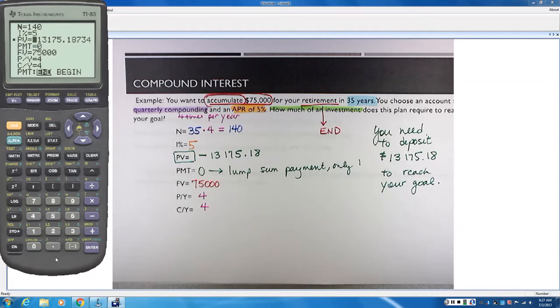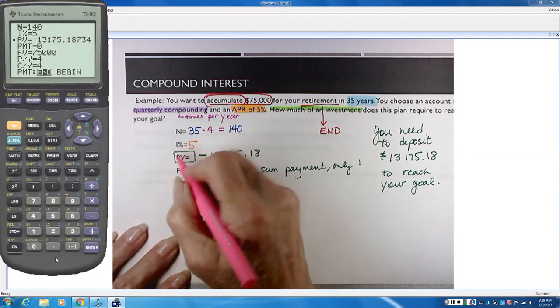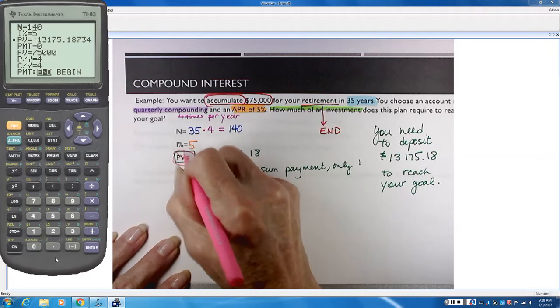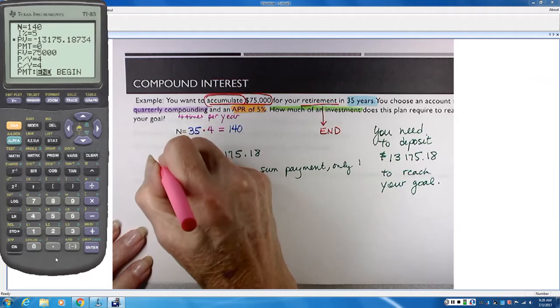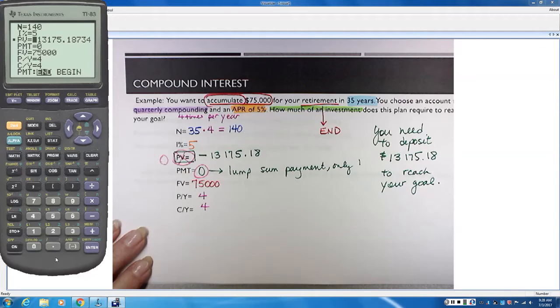So let's kind of redo this problem. The only thing that I'm going to change when I redo it is, rather than putting in a lump sum, I want to make payments. So that's going to leave my present value at 0 because I'm making no lump sum.